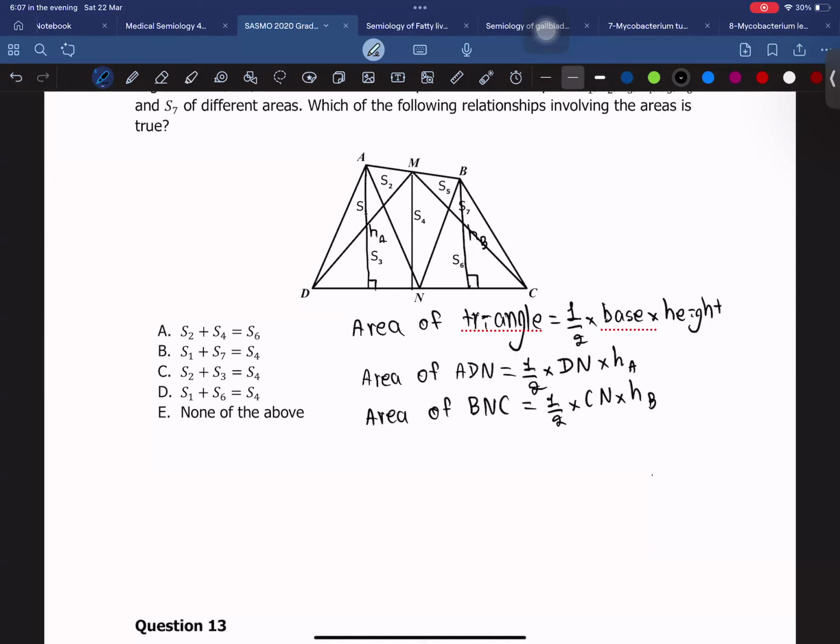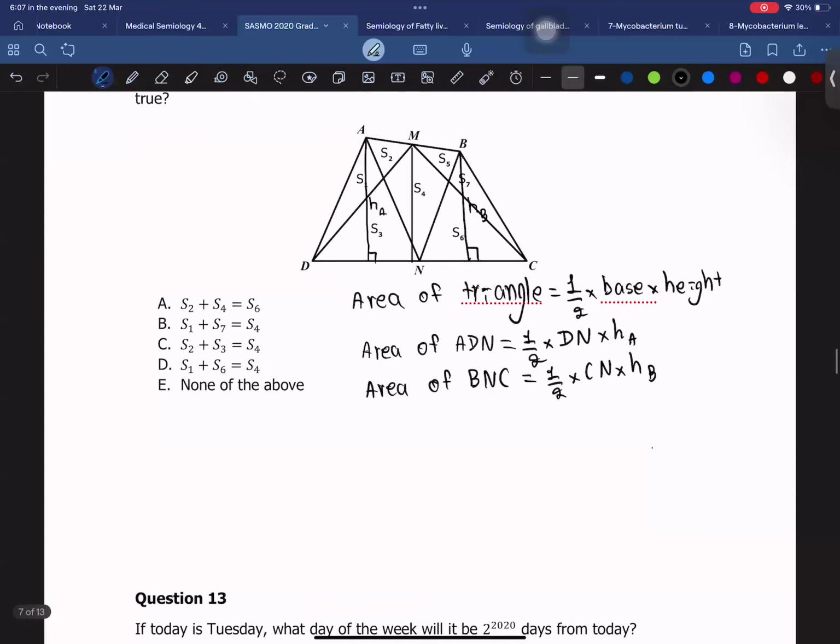So what do we do next? We are going to find the area of MDC, 1/2 times DC. But what is the height of MN?